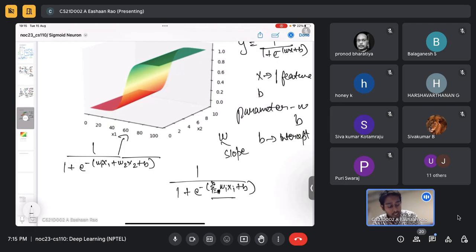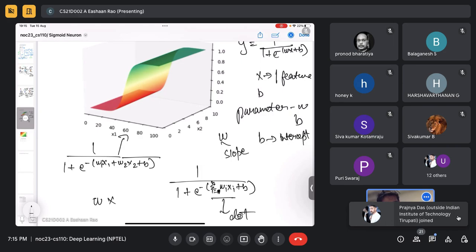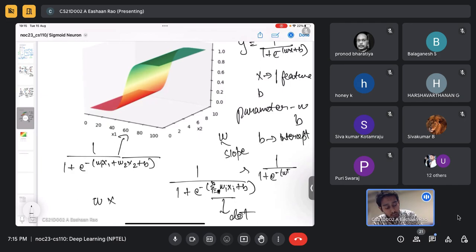Now wi xi, where w and x are vectors, is basically a dot product. So we can write this as 1 over 1 plus e raised to minus (w transpose x, that's a dot product, plus b). This is the final function we are talking about.